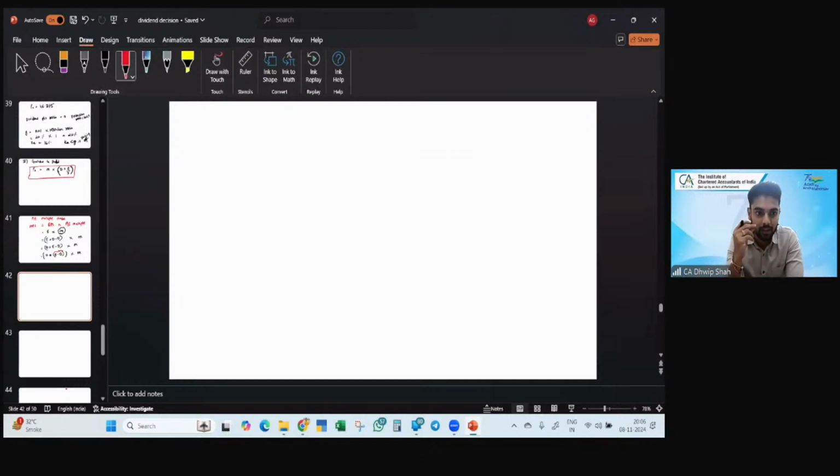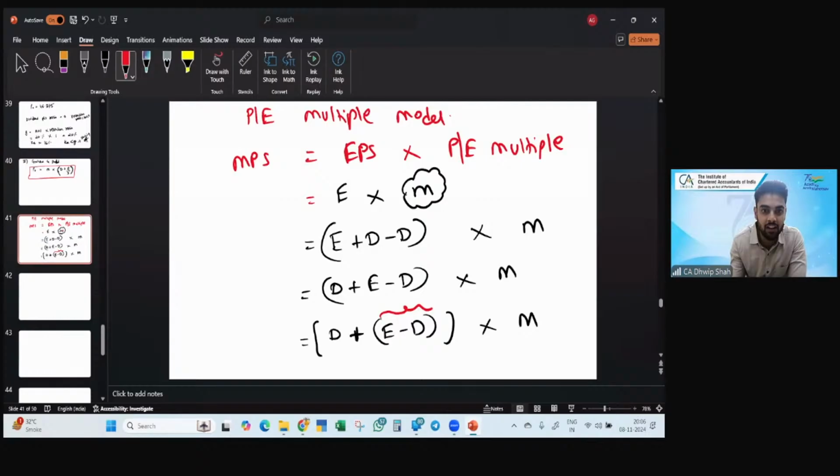He asked, if the company pays you dividend today, are you interested in that? Or if the company keeps the retained earnings with itself, reinvests them, gets growth from that, then again reinvestment, again growth, and after a few years the company pays dividend from those retained earnings, are you interested in that?